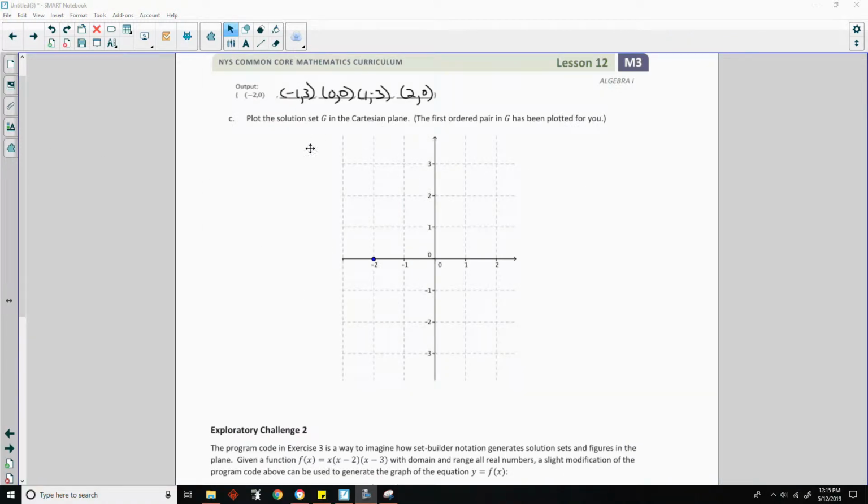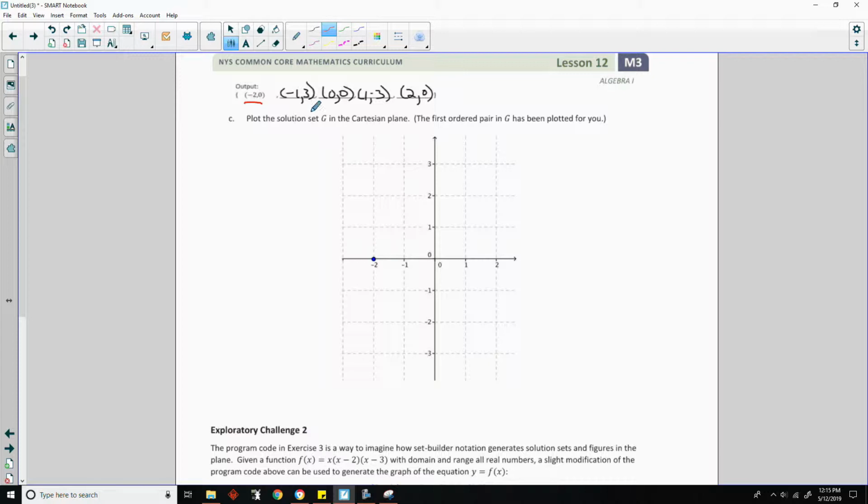Okay, this is page 4. I brought in the output from the prior page so we don't have to go back and forth. C says to plot the solution set G in the Cartesian plane. The first ordered pair in G has been plotted for you. Okay, so the -2, 0 is right here.